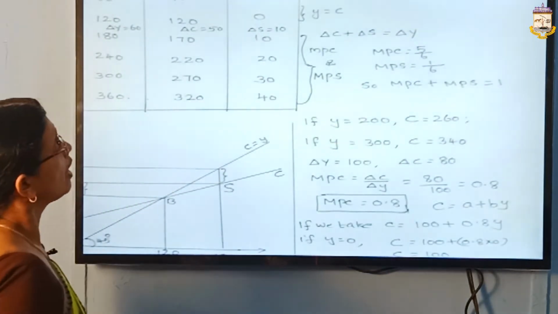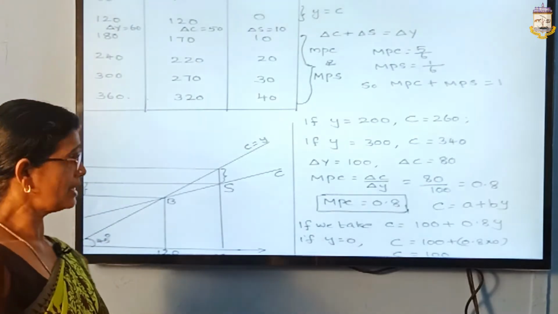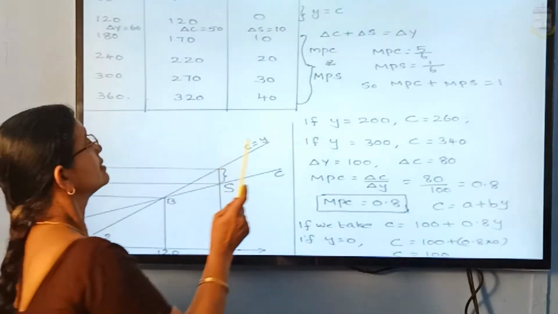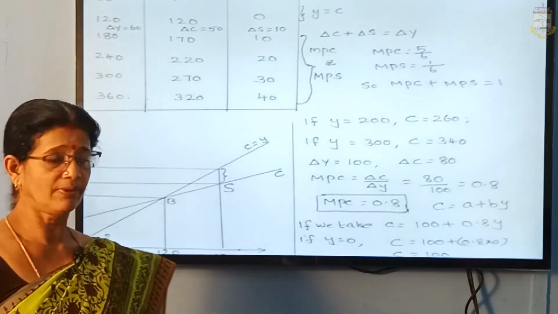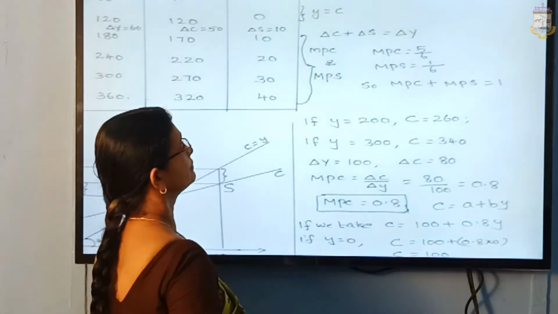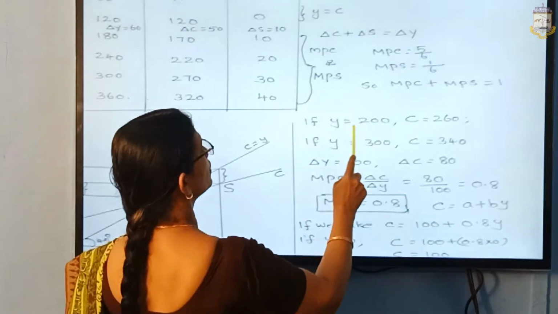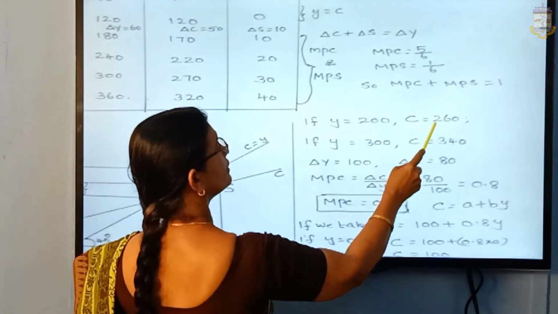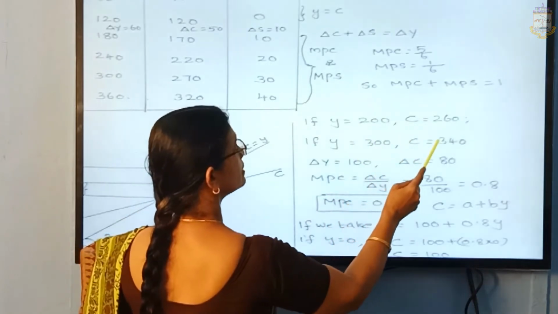Now we can explain how to compute marginal propensity to consume. For that, 2 levels of income and 2 levels of consumption will be given. If Y equal to 200, then the next case Y equal to 300. If Y equal to 200, C நுகர்வு என்பது 260. If income equal to 300, நுகர்வு என்பது 340.